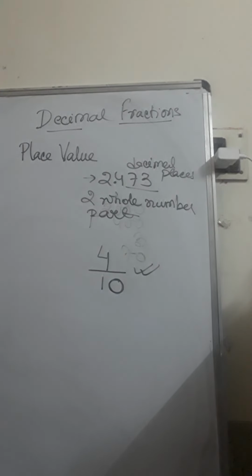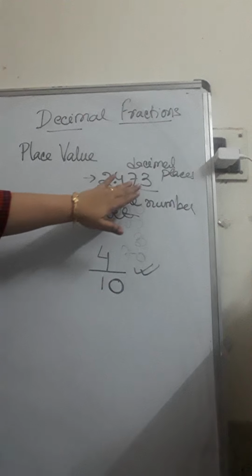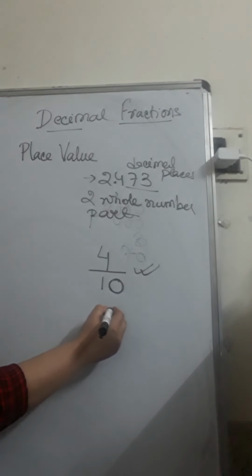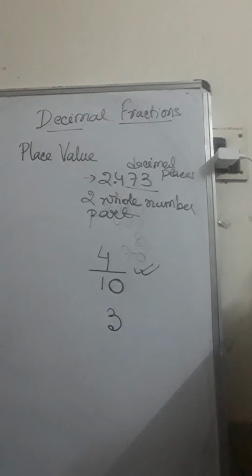Now, what will be the place value of 3? You write it as a fraction. The way we taught how to convert a decimal number into a fraction will help you understand the place value of the decimal digits after the point.